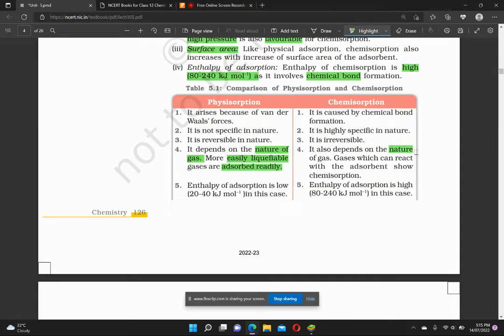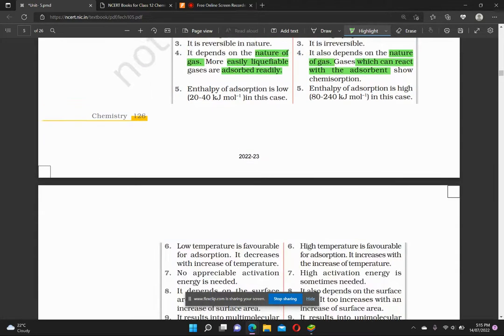Again, just underline nature of gas which can react with adsorbent. This much only. Nature of gas which can react with the adsorbent shows chemisorption. Enthalpy we just now saw it. It is 20 to 40 here, and here it is 80 to 240.